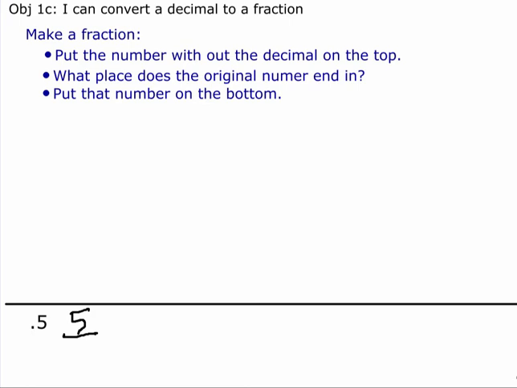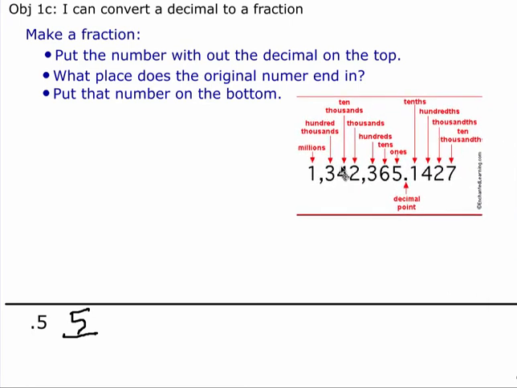Let me show you what I mean by that. And you don't need to copy this whole chart, but my original number ends one spot after the decimal, right? So that's the tenths place. So what that means is I'm going to put a 10 on the bottom of my fraction.